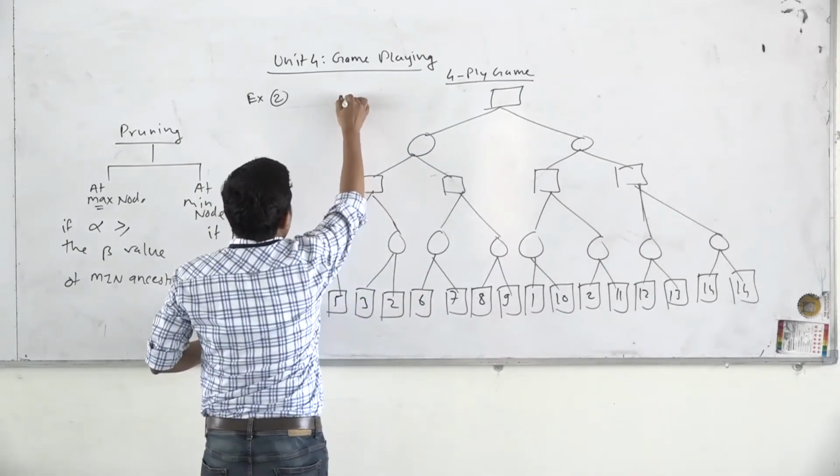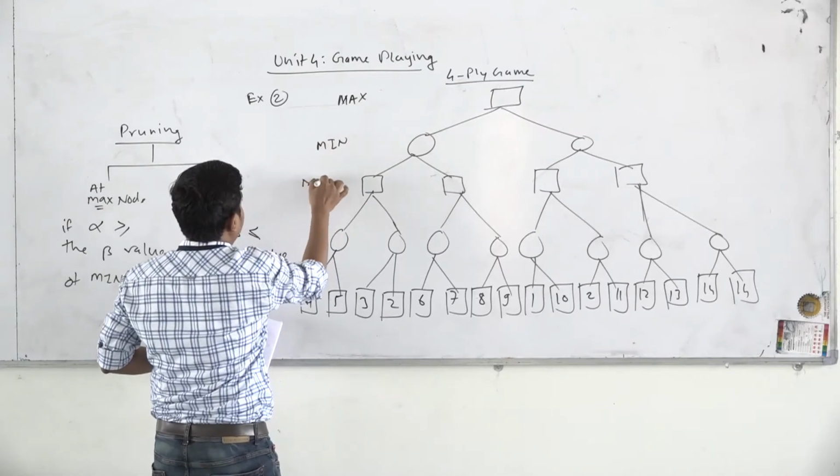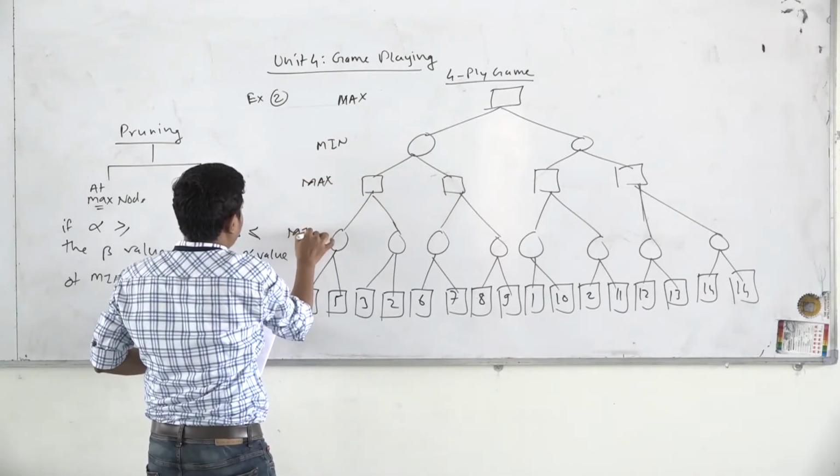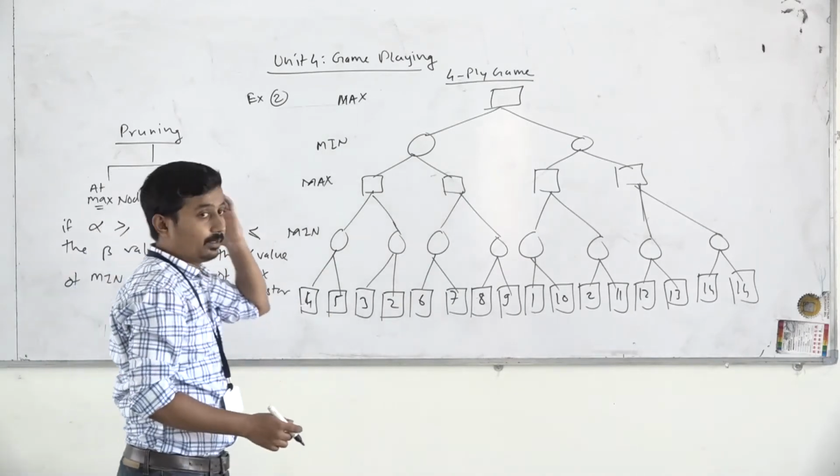As usual, we will start with a max node. This is a min node, max node, and min node. Now let us apply the alpha beta algorithm here.